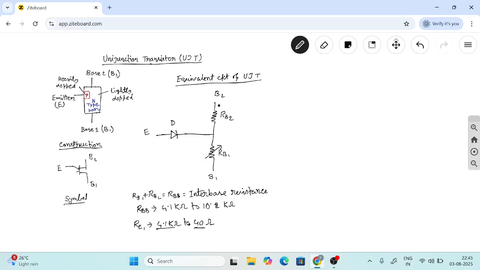Now a fixed voltage is applied to base B2 and base B1. Fixed voltage VBB is applied between B2 and B1.